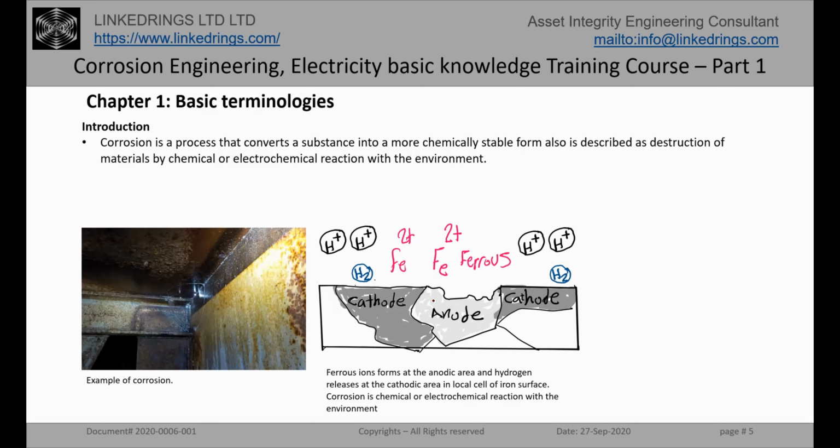The active parts we name anodes, and the less active parts we name cathodes. On the anodic area, the more active parts, ferrous ions, Fe2+, will form. And on the less active parts, which we call the cathode, hydrogen will be released. Again, more explanation of this will be in the following parts of this training course.